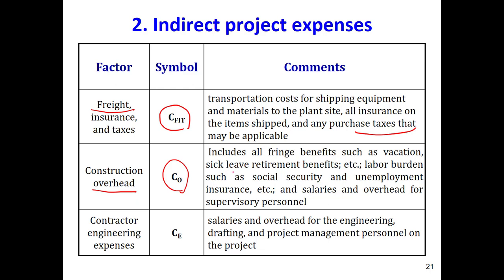Let's say vacation, there might be some sick leave, retirement benefits. Those are the things that you have to provide for your labor. Labor burdens such as social security, unemployment insurance, salaries and overhead for the supervisory personnel. So there are some overhead expenses which are mainly related to the labor that you also have to consider.